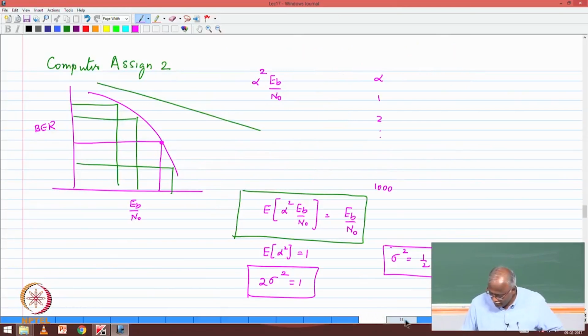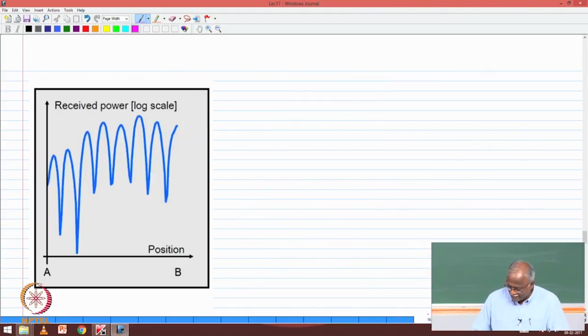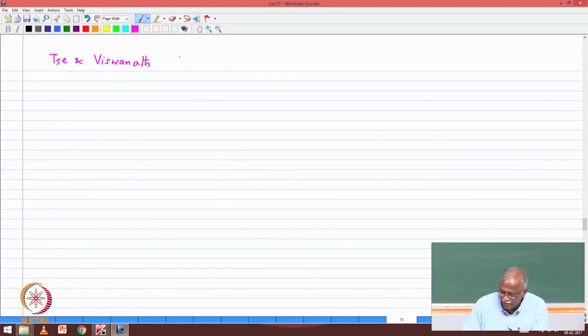We just have a few minutes. Let me just introduce the next topic that we would like to study. This is an example from Tse and Viswanath, section 2.1.1. Again, please do read that. Let me just introduce the problem statement to you.